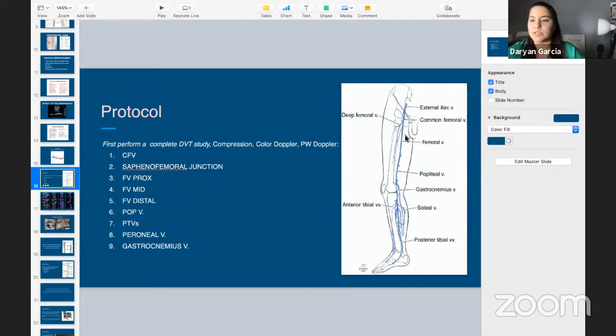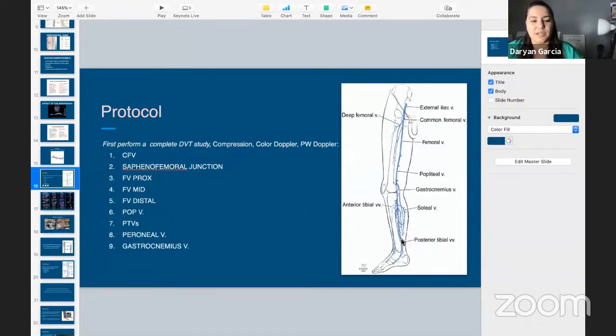Then you're going to go into the saphenofemoral junction, femoral vein, proximal and distal. Like Elaine mentioned before, make sure you're calling it the femoral vein rather than the superficial femoral vein. That way there isn't any confusion when they get the results and don't know whether it's a superficial vein or the actual deep vein.